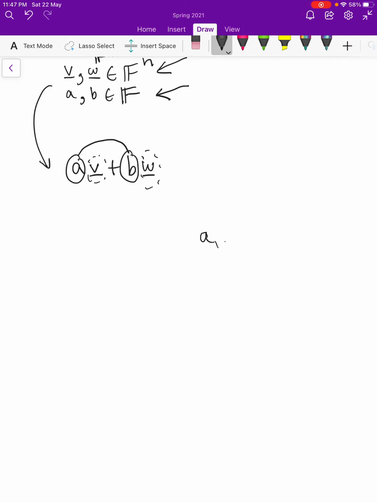so we could also define it as, say, there's a1, a2, and so on up to an, scalars in a field, and say we have vectors v1, v2, I'm going to underline it, that's my notation, v3, up to vn.